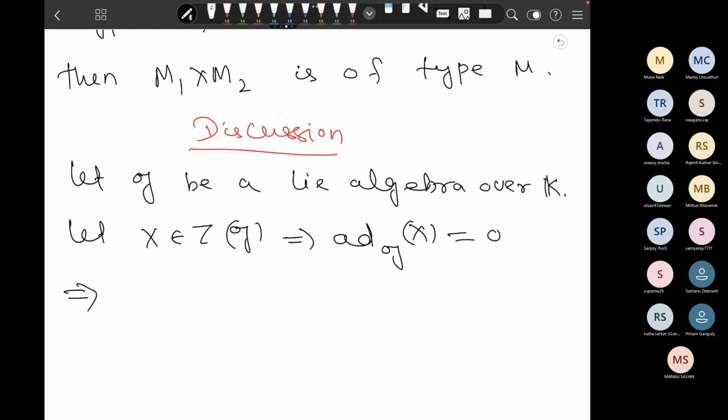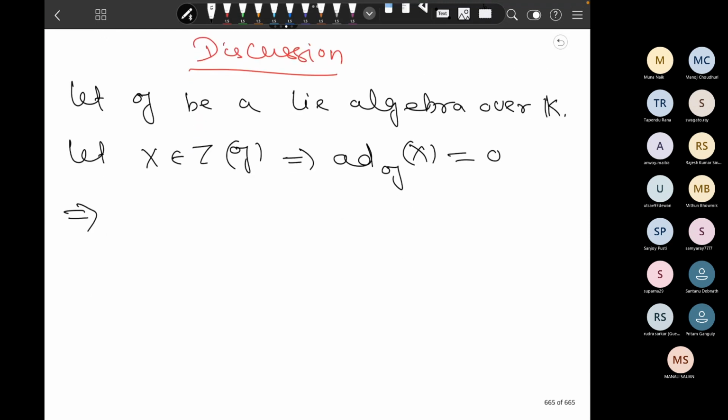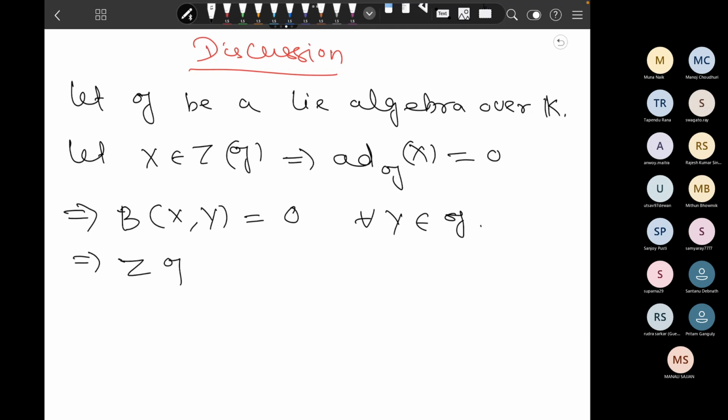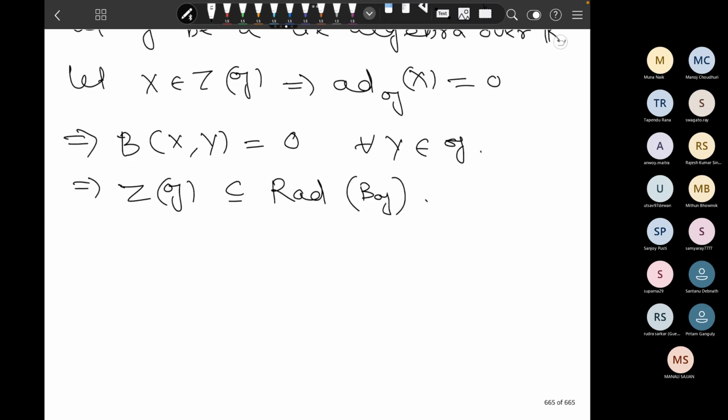So that means B(X, Y) is equal to 0 for all Y belonging to G. This implies Z(G) sits inside the radical of B. Hence we have two corollaries.